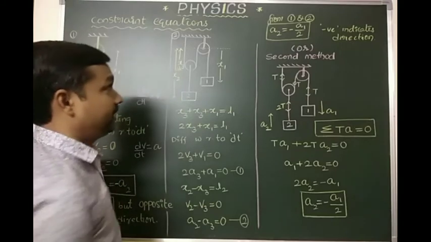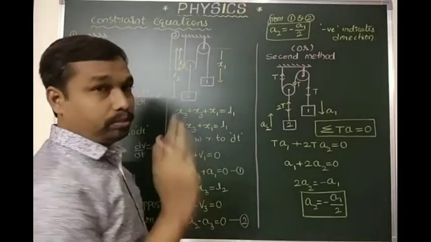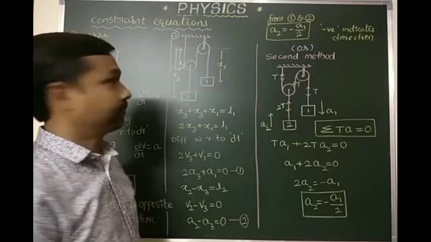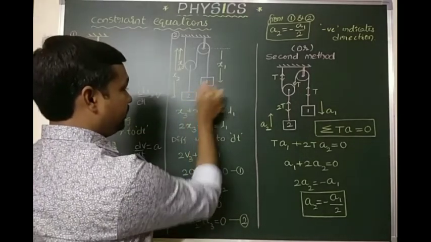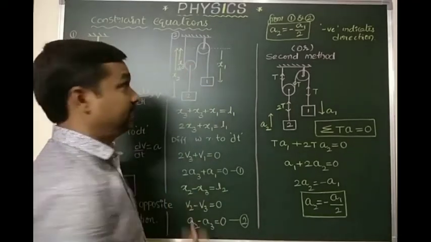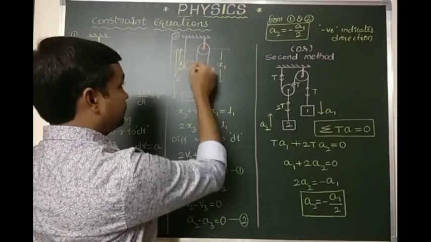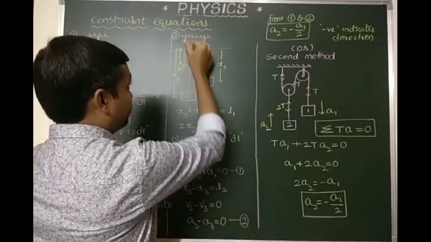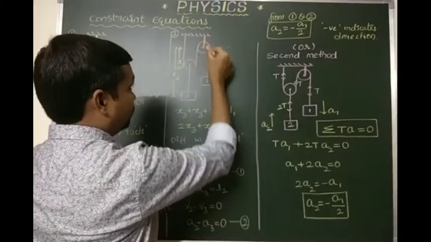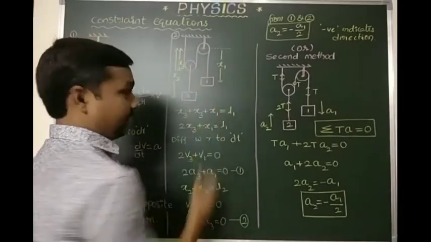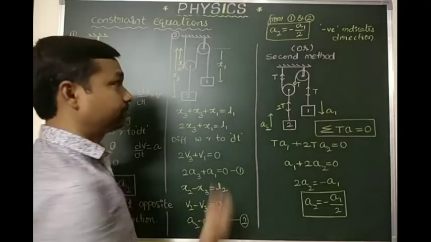Coming to the second case, here we are taking two blocks, two strings, and one movable pulley. First body, second body. One is a movable pulley. This is the system: two pulleys are connected here, and two blocks are connected. The first string passes over like this, and the second string is separately connected to block 2.